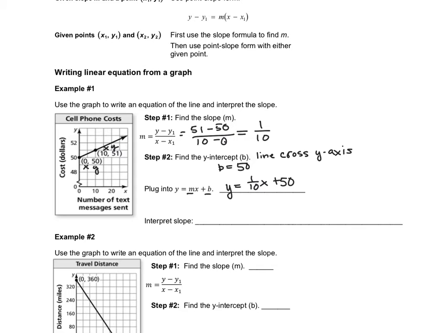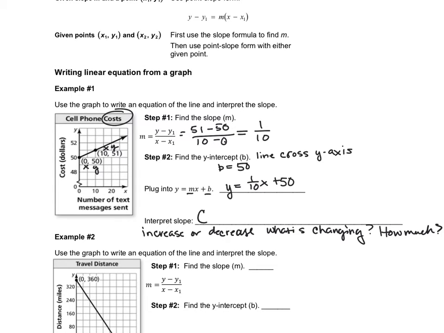So our slope is 1/10. So we want to tell whether our slope is increasing or decreasing. And we also want to talk about what is changing and how much it is changing. So our line is an increasing slope. So our equation represents the cost.